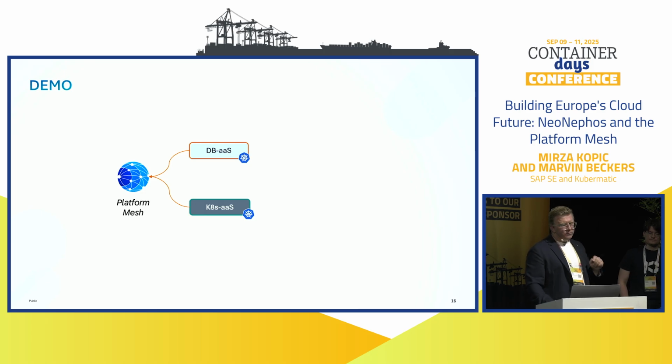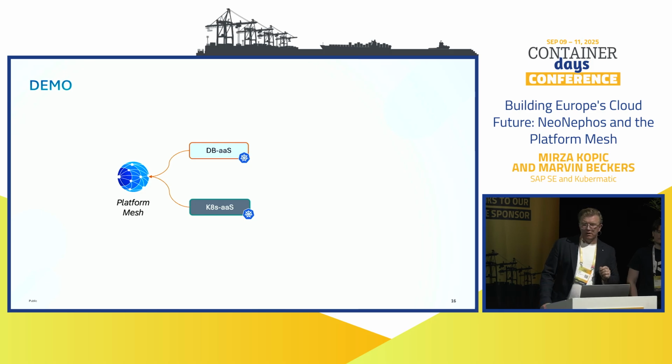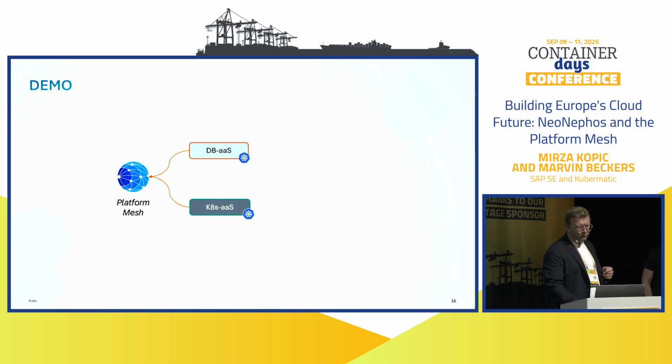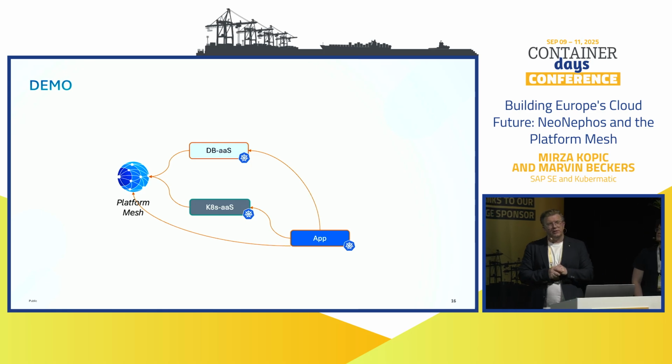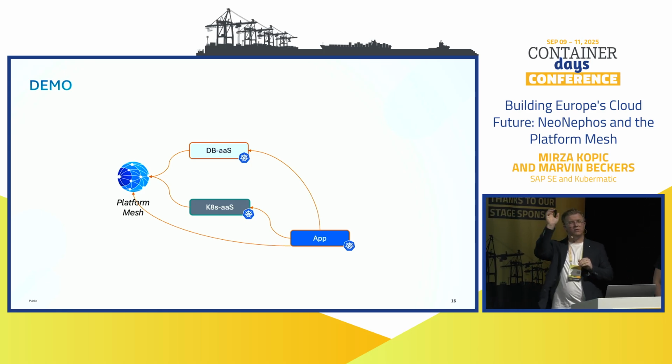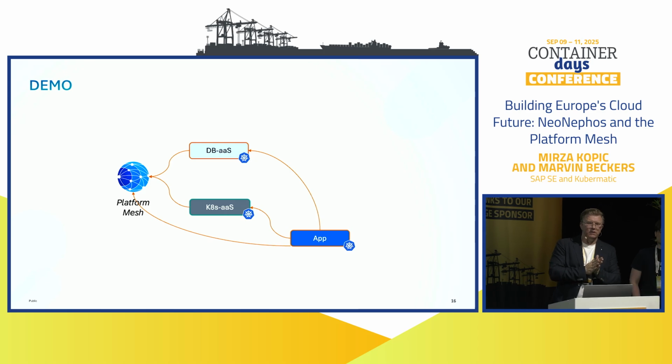But then, since I have ordered different service providers, I will also additionally order a Kubernetes as a service. I can then orchestrate my own workload on this cluster. Then I will deploy an application onto this created Kubernetes cluster that communicates to this database as a service.